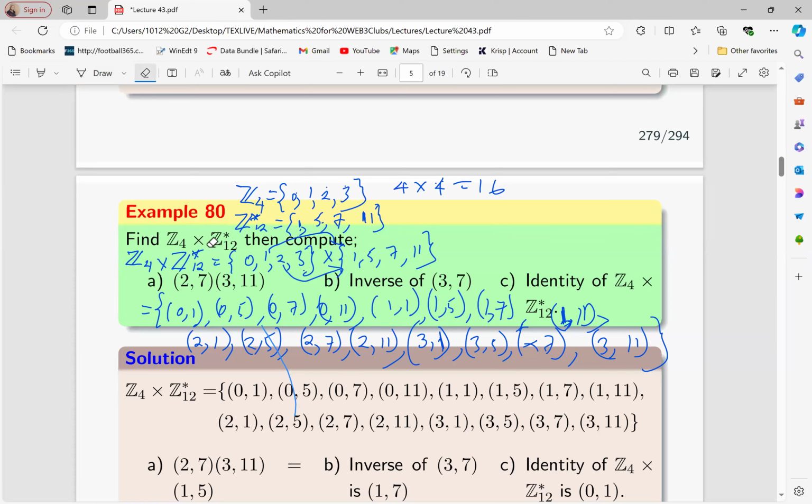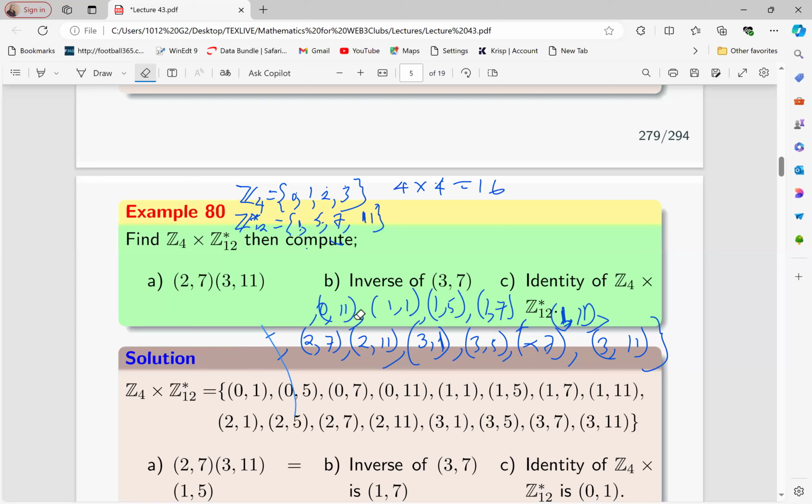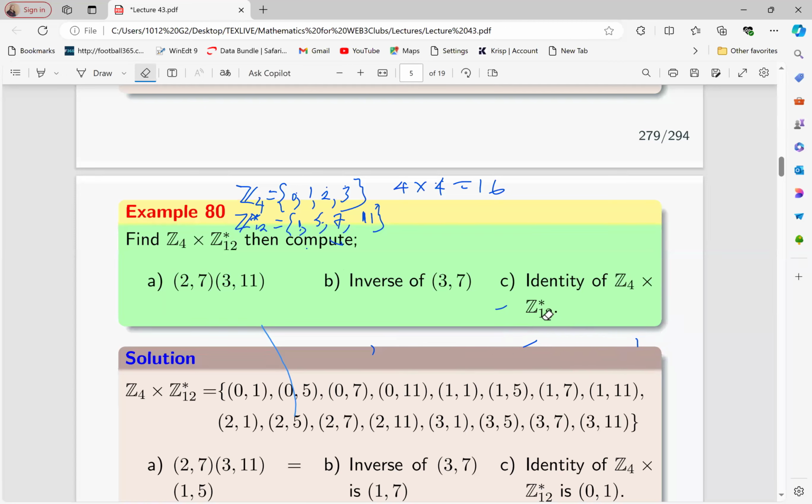Now the other question, question A, says, after you formed this group and after obtaining the elements of this new group, can we multiply 2, 7 times 3, 11? Can we multiply that? And yes, we can. And how are we doing that?